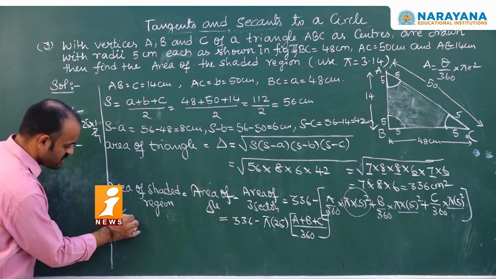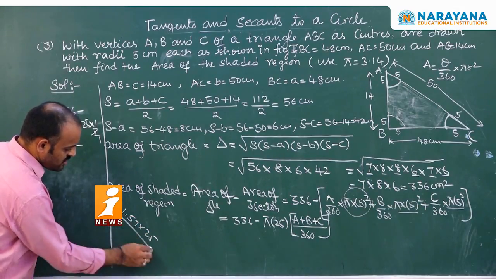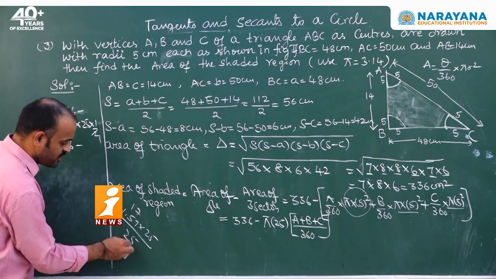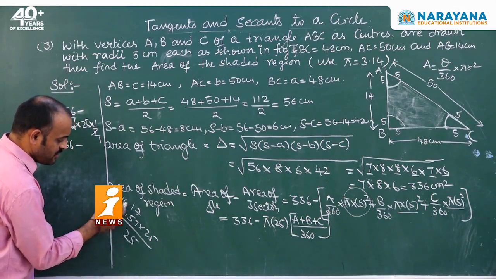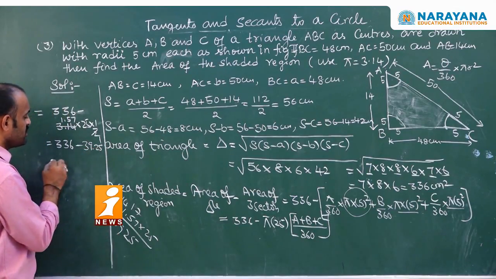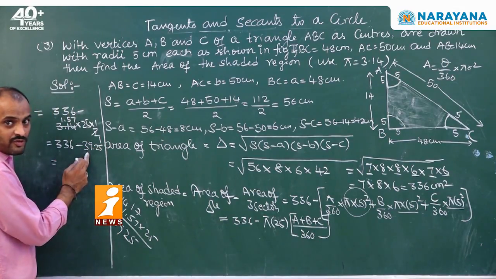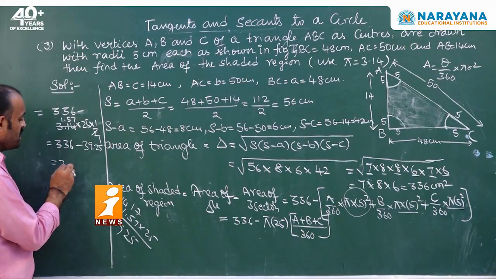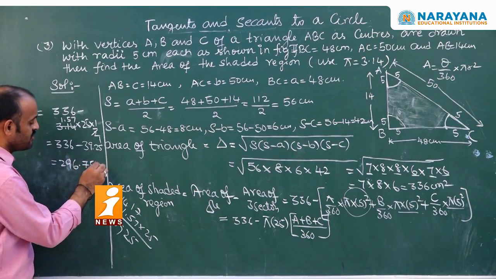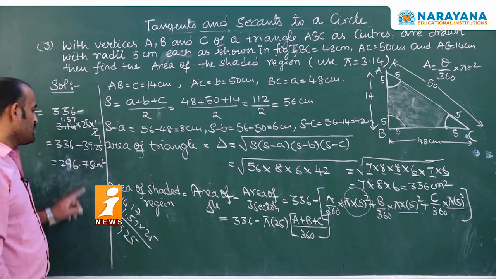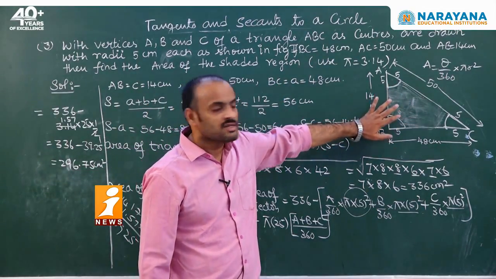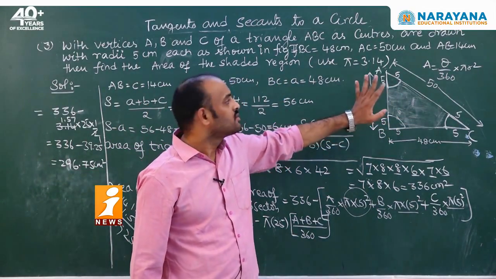I will do this multiplication here. 25 sevens are 175, carry 17. 25 fives are 125 plus 17, 142, carry 14. 25 ones are 25 plus 14, 39. That means 39.25. 336 minus 39.25 means 296.75 centimeter square. This is the area of the shaded part of the given figure.